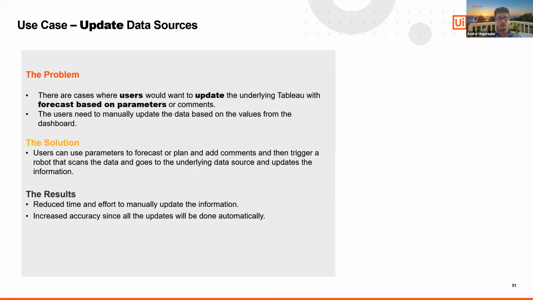The solution would be that you have the UiPath extension for Tableau, and you can use the robot to do this behind the scenes, to save the data and populate it, which translates, of course, into reduced time, and it can translate into increased accuracy, since we don't have the manual update anymore.